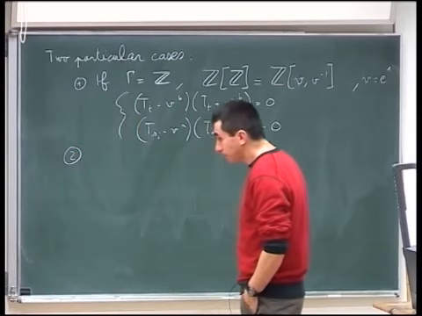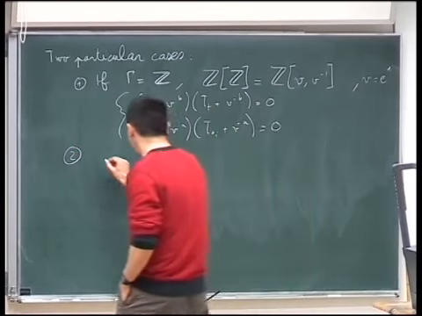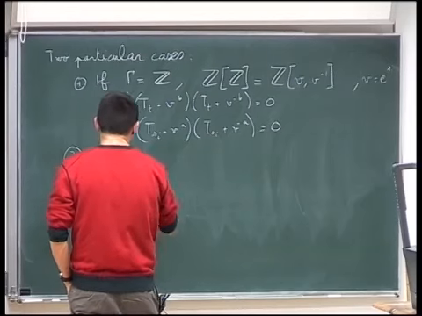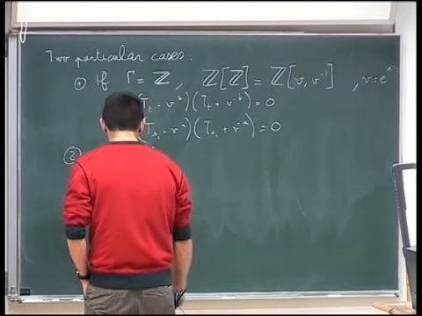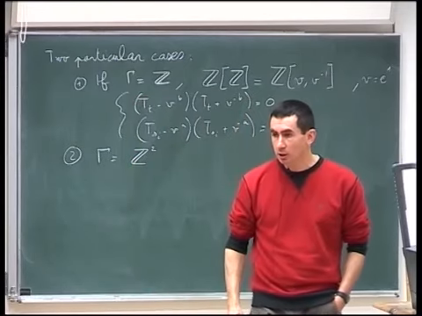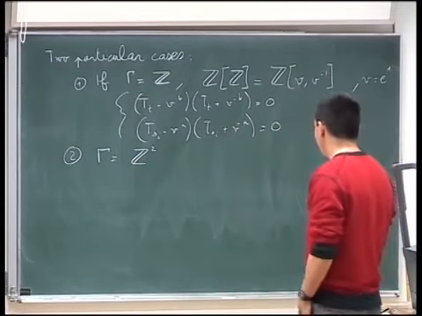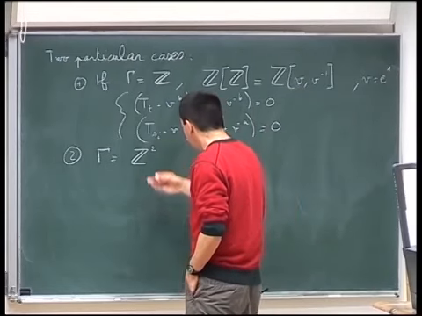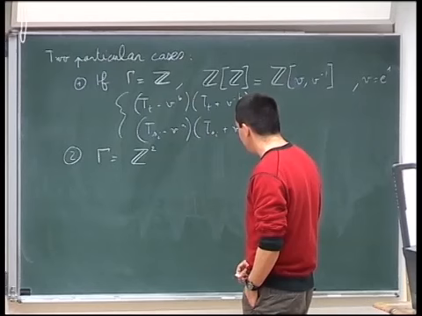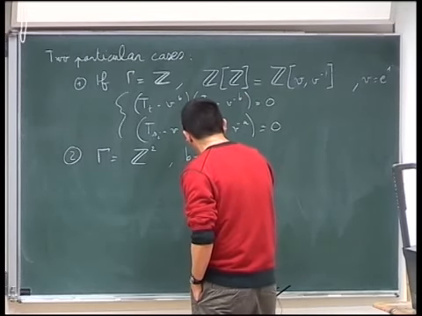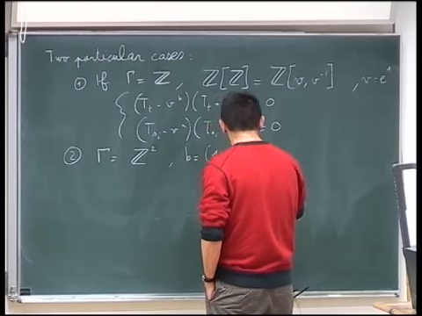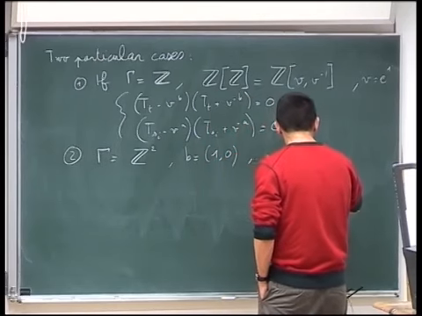Another case that can be taken is to take gamma to be Z^2, the free abelian group of rank 2. Take b to be (1,0), a to be (0,1).